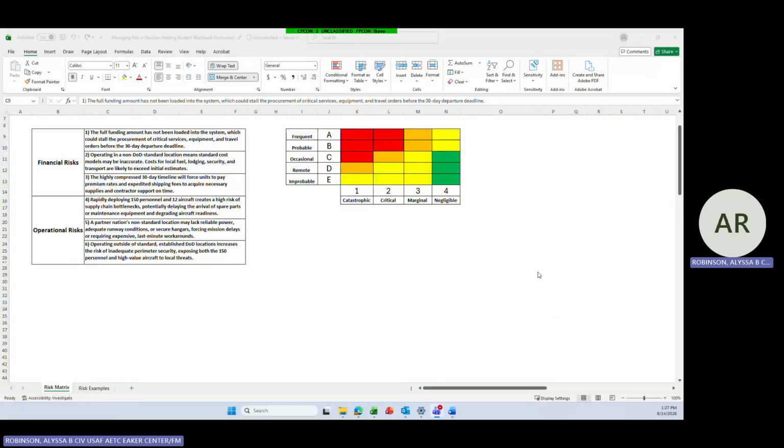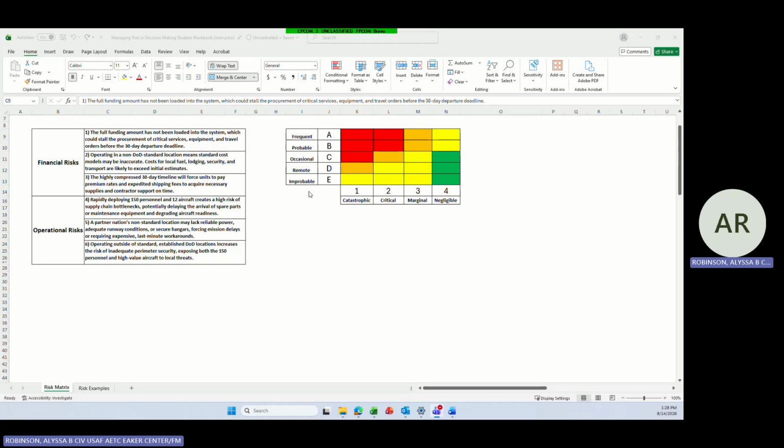All right, now that you have completed the exercise, we're going to go over what I had listed for my risks and we can categorize them. The first 3 risks are financial, and the second 3 are operational.